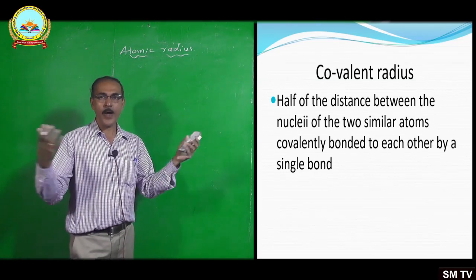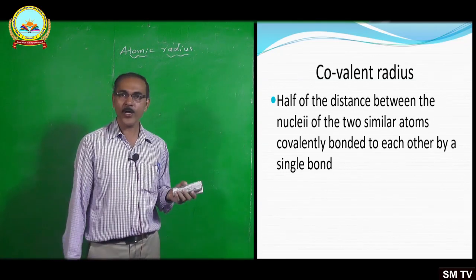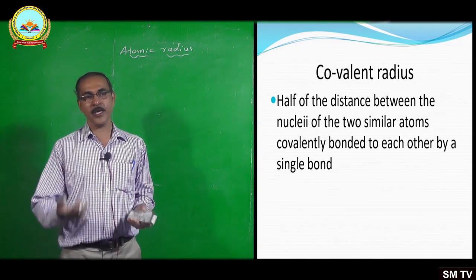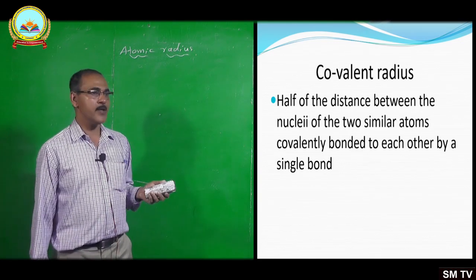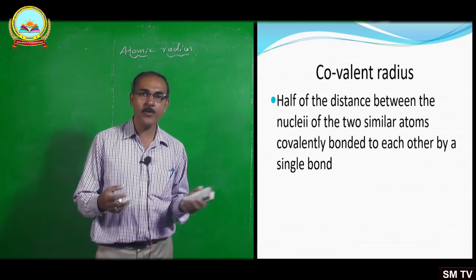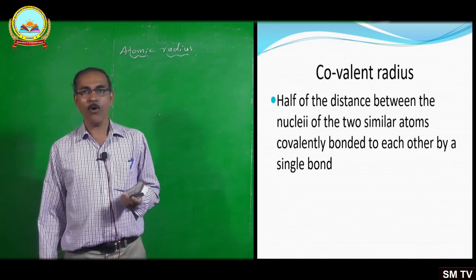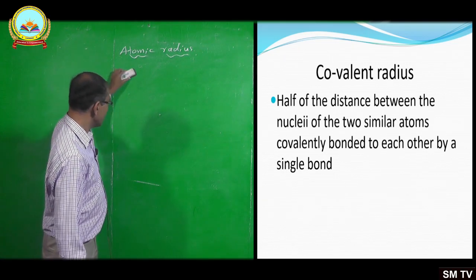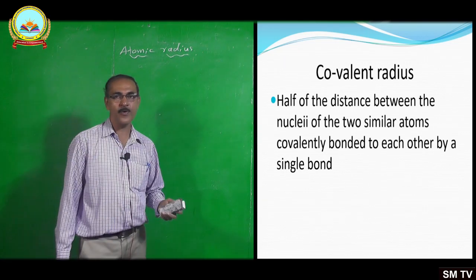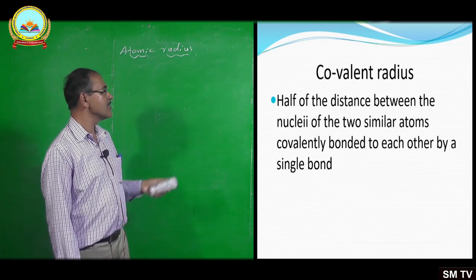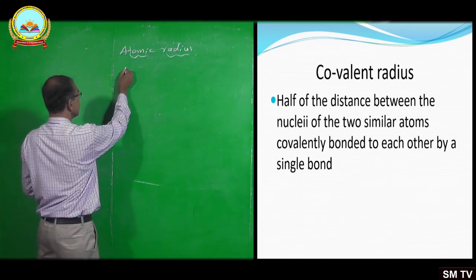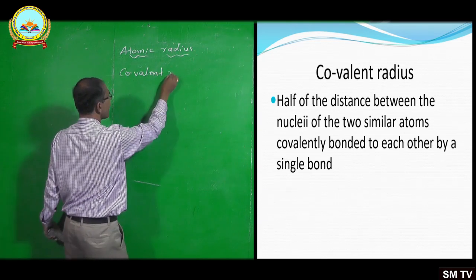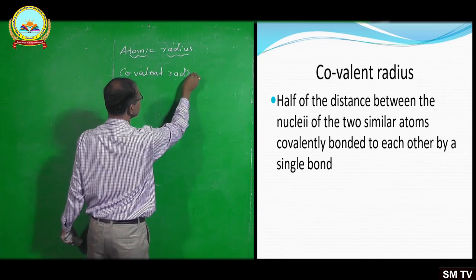If there is van der Waals force of attraction between the atoms, as in inert gases, we can find out the van der Waals radius, or the metallic radius in case of metals. We will see the covalent radius.